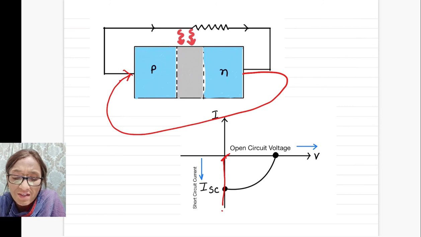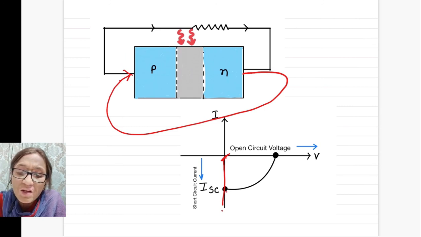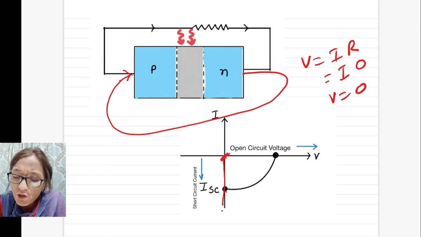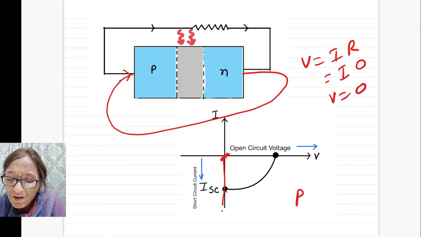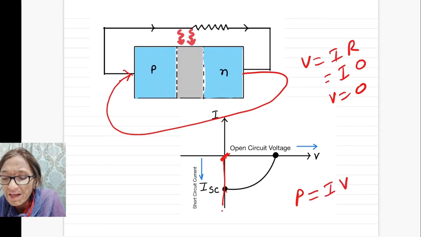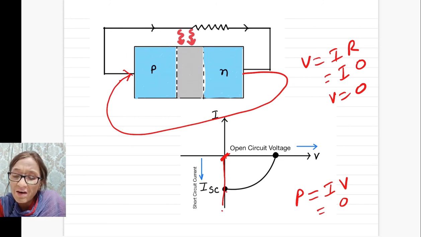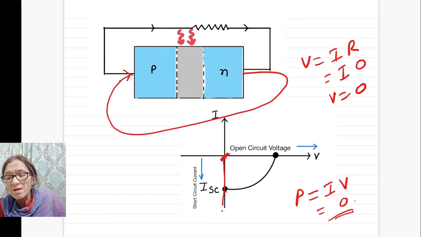Because in short circuit, when current is maximum, V is equal to IR. Here R becomes equal to 0. So V also becomes equal to 0. So you cannot derive any power. Power is equal to IV. So when V is equal to 0, you cannot derive any power. So in case of short circuit, the power obtained is 0 watt.